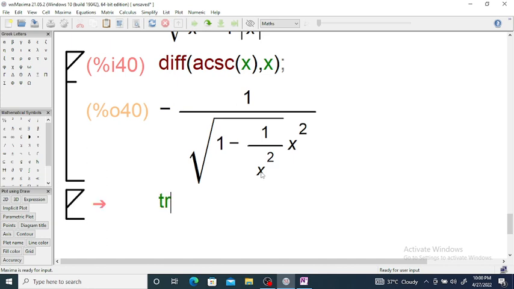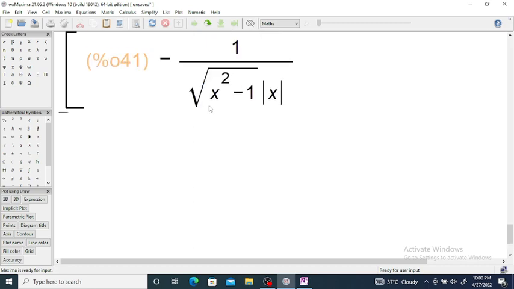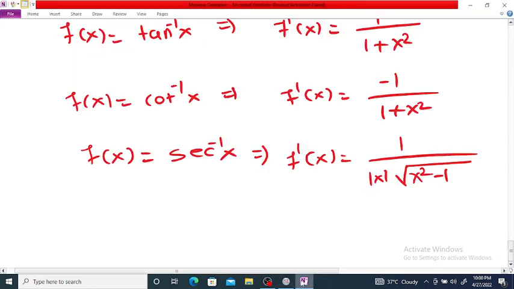If you want to simplify this function, just enter ratsimp, and since it is the previous command, enter the percent sign, and you can check it is equal to minus 1 divided by mod of x into square root of x square minus 1.